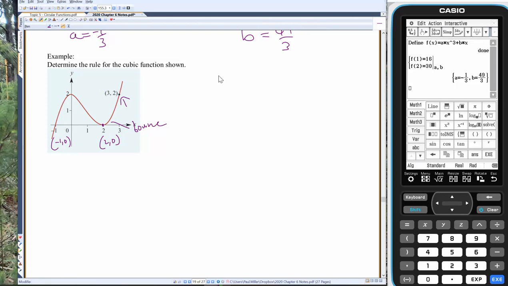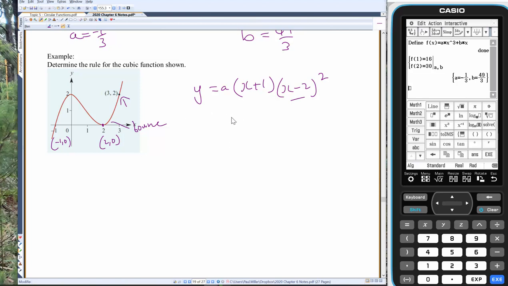All right, so let's put what we know down. y equals a(x + 1)(x - 2) squared. Note that the (x - 2) one there is the bounce, which produces the kind of double factor, if you want to think about it like that.